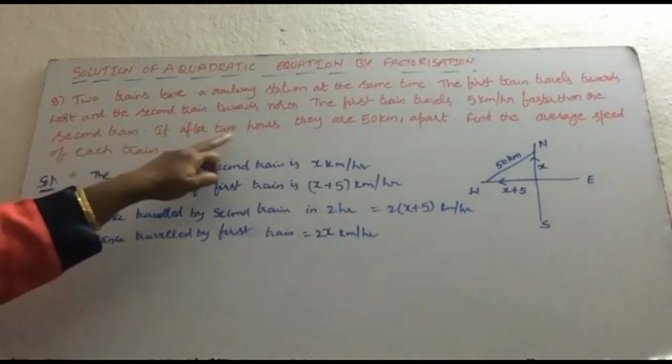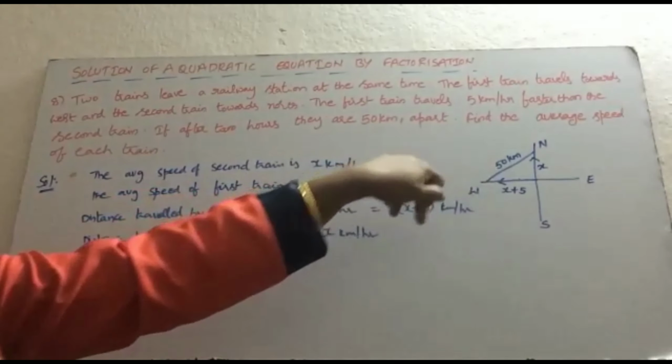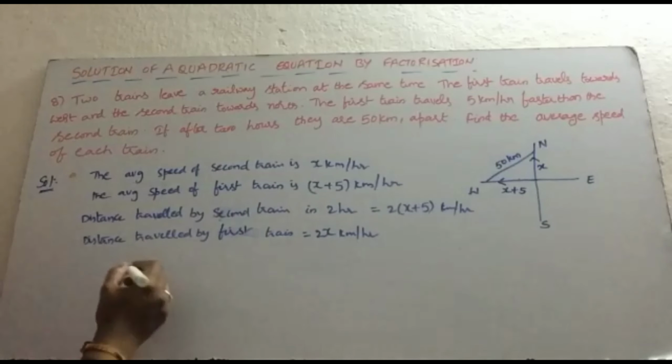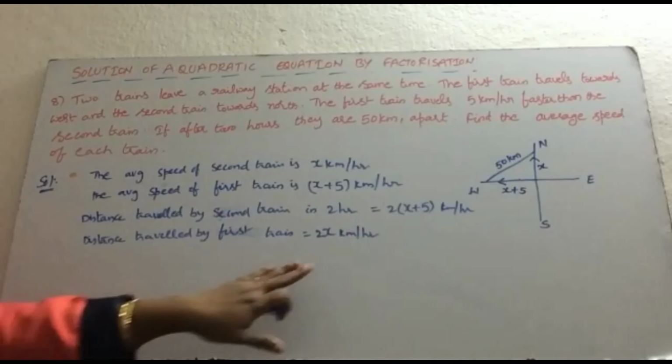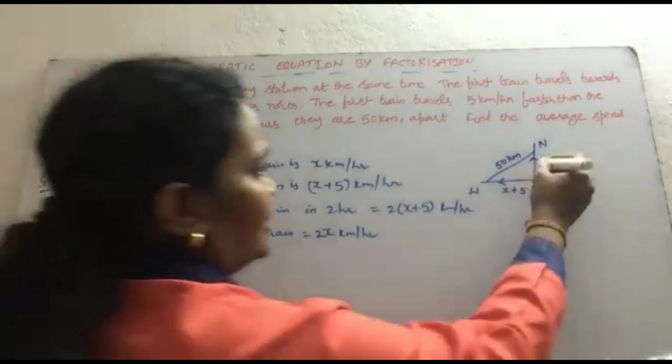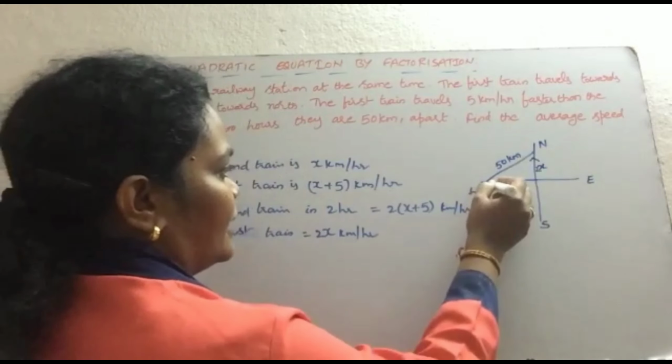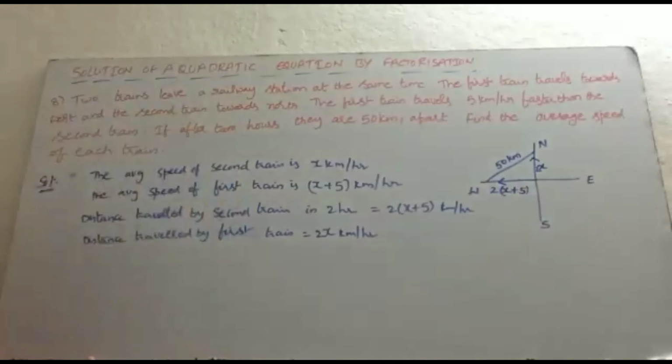So after 2 hours, they are 50 kilometers apart. Now by using Pythagoras theorem, after 2 hours, here it is 2x and here 2 into x plus 5.